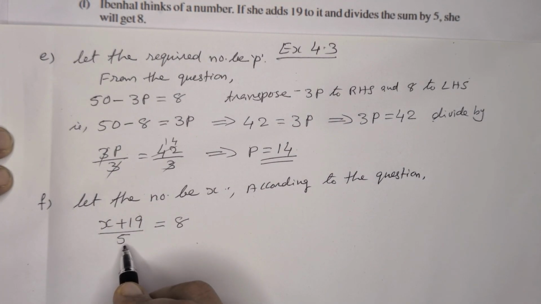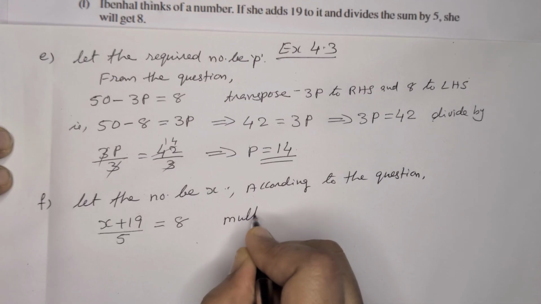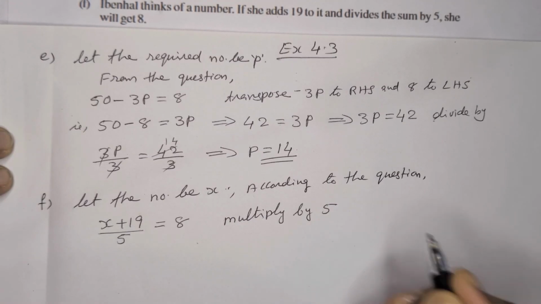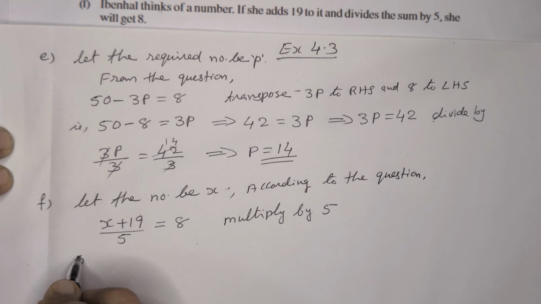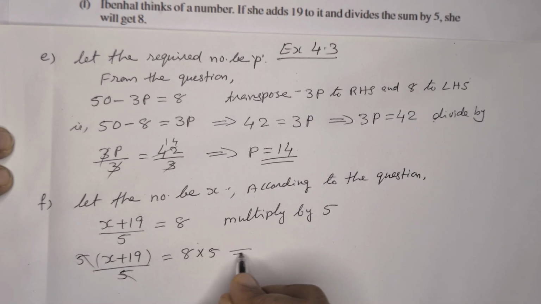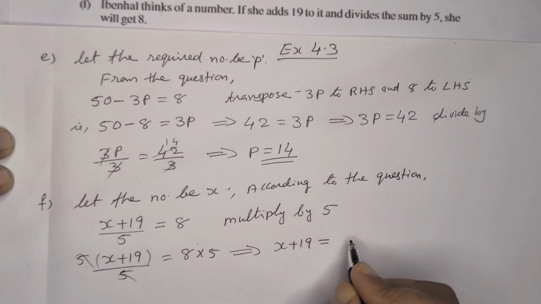So first we have to remove 5 from the LHS. For that, multiply both sides by 5. So 5 into (x plus 19) by 5 is equal to 8 into 5. This will cancel, which implies x plus 19 is equal to 8 into 5, 40.